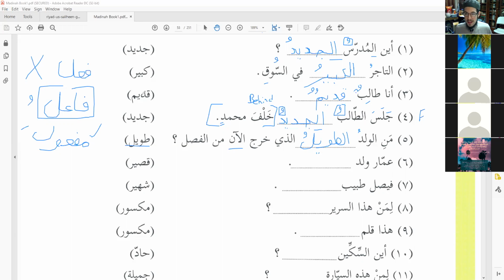So you can just pick one. I think the first part, which is who is the tall boy, I think that's ismiya. Good. Yes.